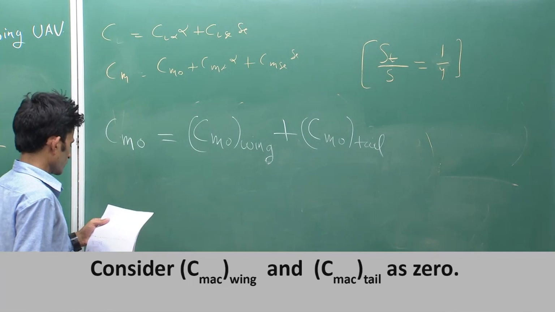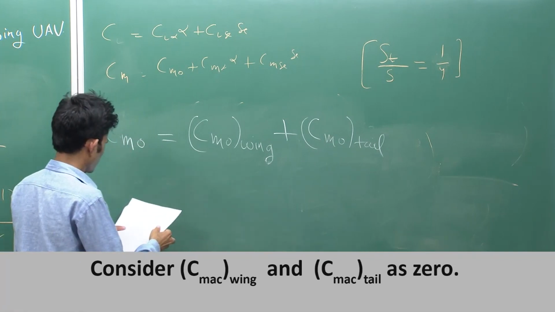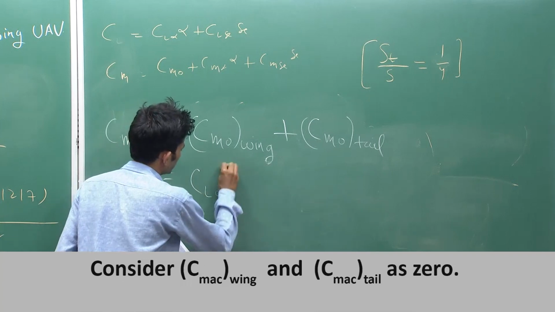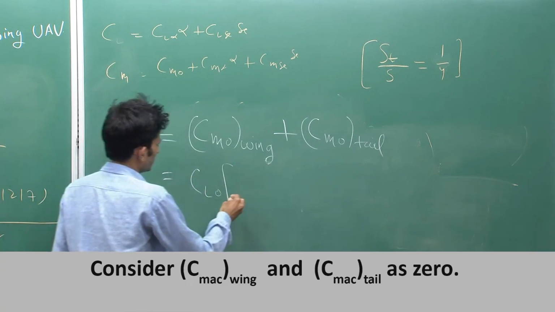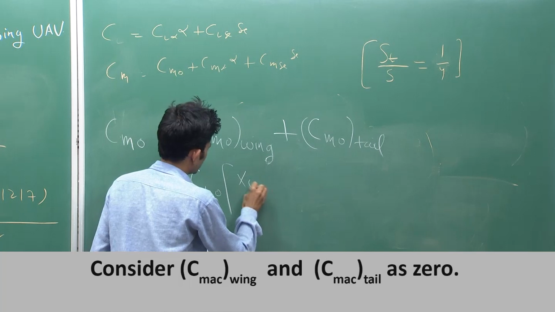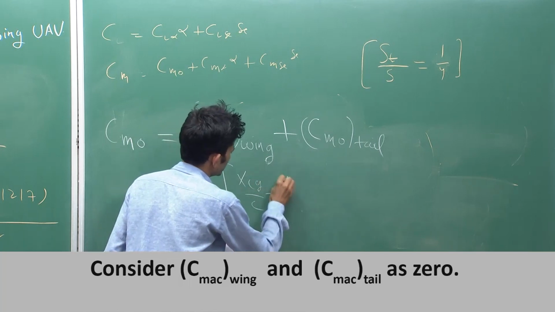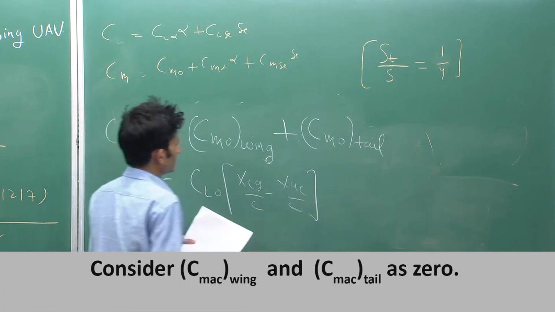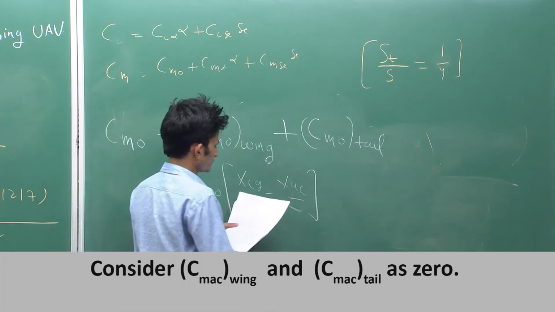Okay. So, Cm naught of the wing, you can further write as CL naught into XCG by C minus XAC by C. And what is the Cm naught of the tail?